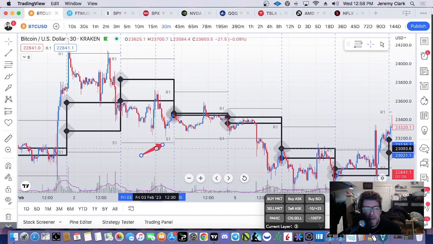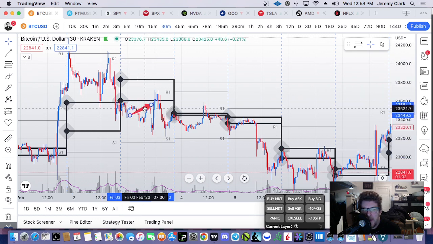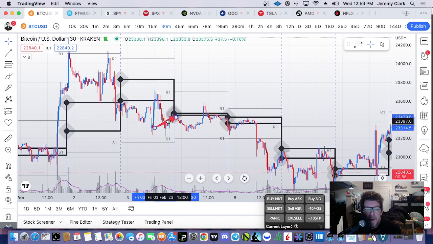Instead came really close to S1, and it was underneath the central floor pivot. So that could have been a good short opportunity right there. Now we got a real narrow CFP, central floor pivot, right here. That's a good sign that it could break out. And you'll notice that price was kind of sideways. So it didn't really go anywhere. So this might have been kind of a consolidation day.